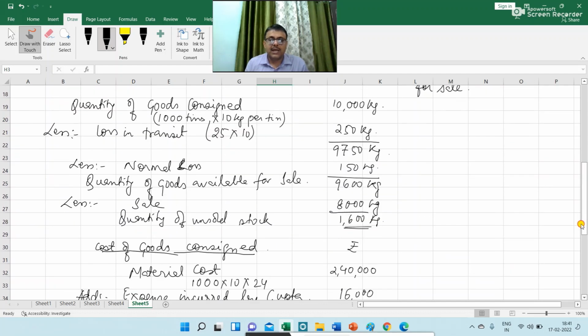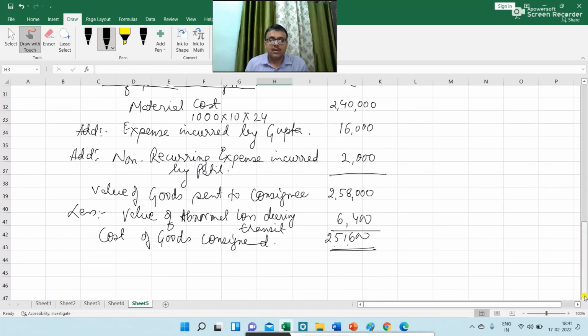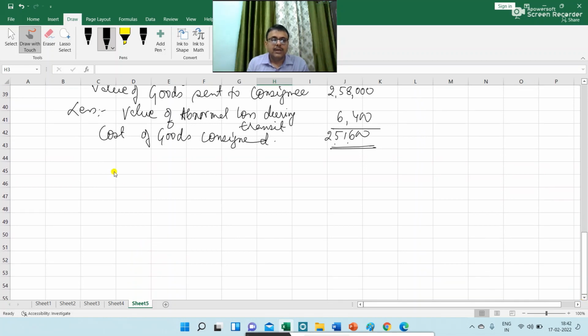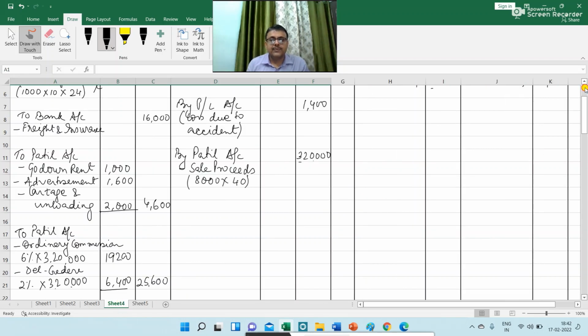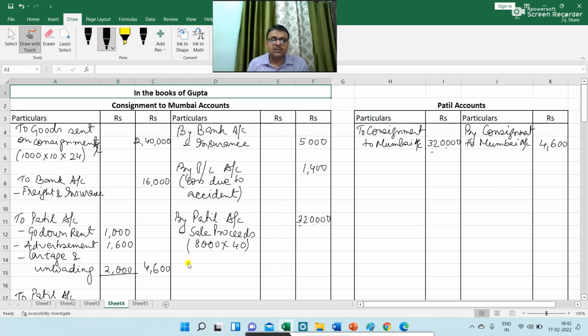Okay, so here I am writing value of unsold stock. So this is equal to 2,51,600 into 1,600 divided by 9,600. So this is equal to rupees 41,933.